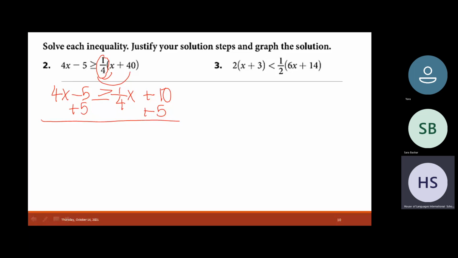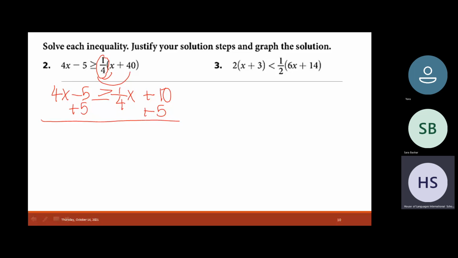Why didn't we put plus 5? We need the x. Why did you choose 10? It's 1 over 4x plus 10 and plus 5, all of them together.